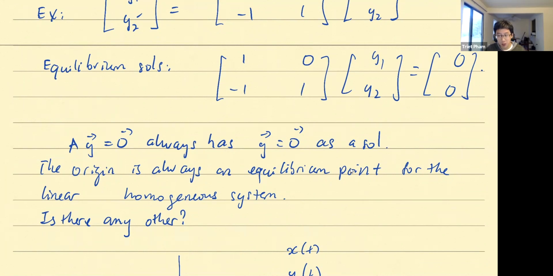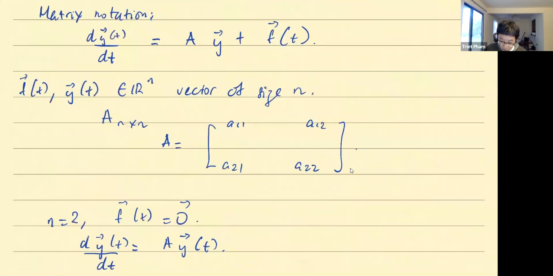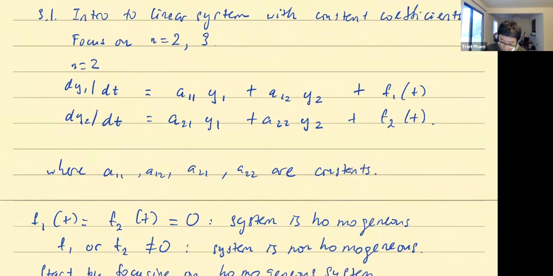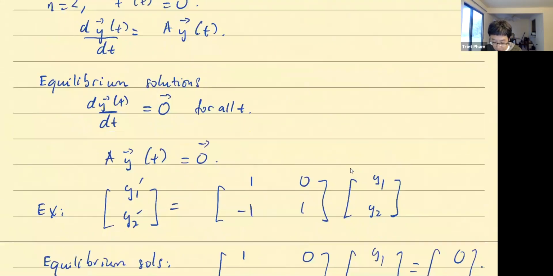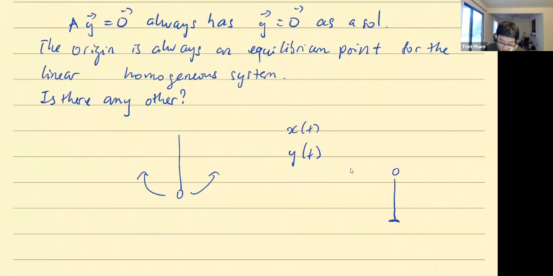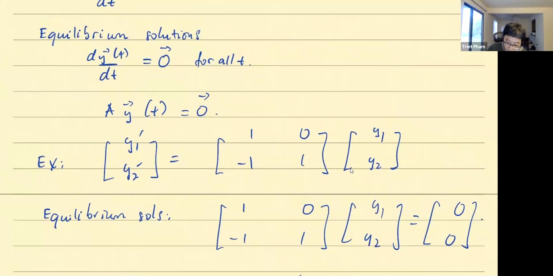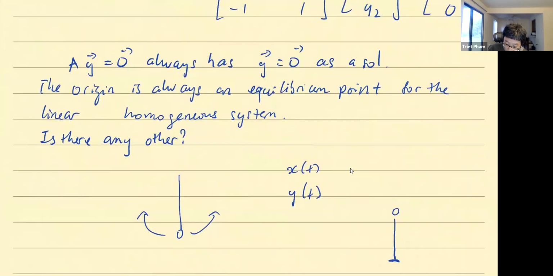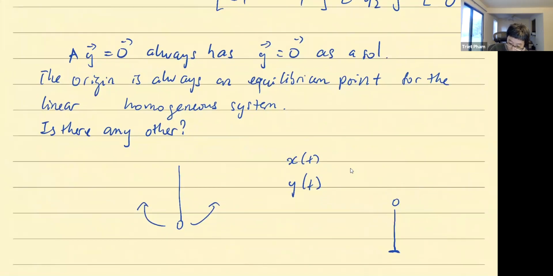Of course, if it's non-homogeneous, then the force will drive it away. I'm so sorry. It's always an equilibrium for the homogeneous system. What I said before was incorrect, because if you have a force, it will pull you away from equilibrium. Yeah, sorry, I mean homogeneous. All right. But the question is, is there any other, like the case of the pendulum?